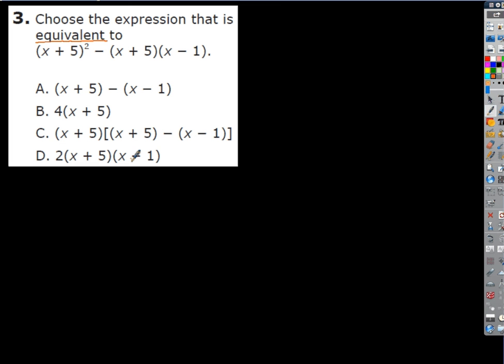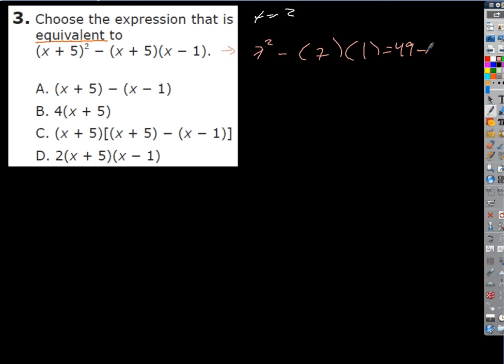2 would work. So if we let x equal 2, what are we going to get for each of these? This one right here is going to give us 7 squared, which is 49, minus, put in 2 there, 7 times 1.